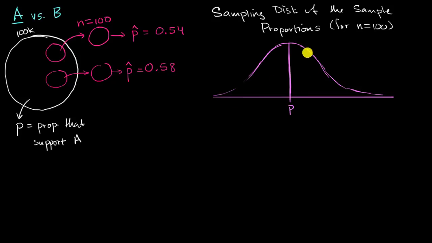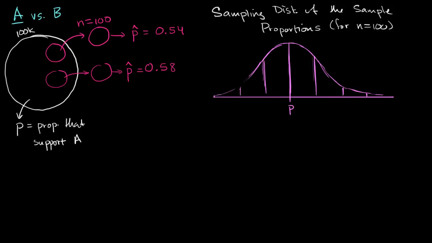And we also know what the standard deviation of this is going to be. So maybe that's 1 standard deviation, this is 2 standard deviations, that's 3 standard deviations above the mean. And that's 1 standard deviation, 2 standard deviations, 3 standard deviations below the mean.